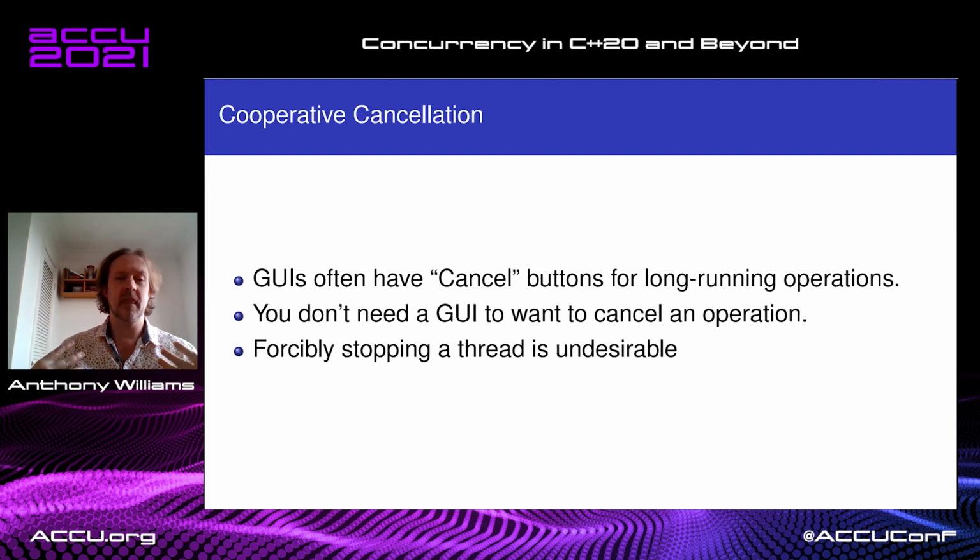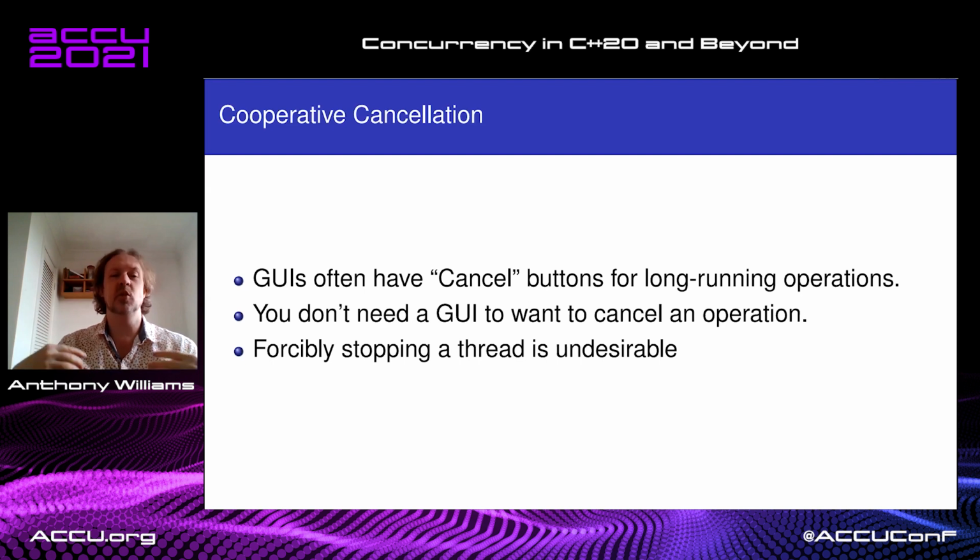So you want to have some form of interrupting operations, but it's not just GUIs that have that desire. Any application where there might be something happening that you need to finish. Sometimes if you're doing concurrent operations, one possible way of using the concurrency available in your hardware is to launch multiple attempts at solving a problem with different techniques.